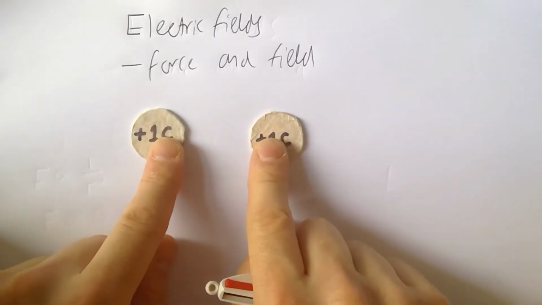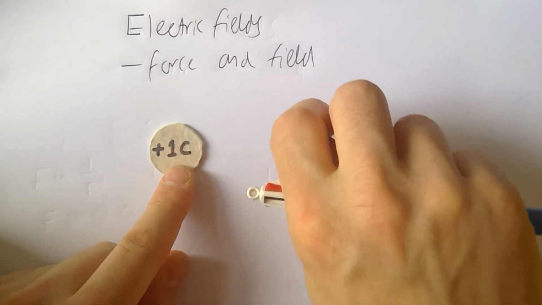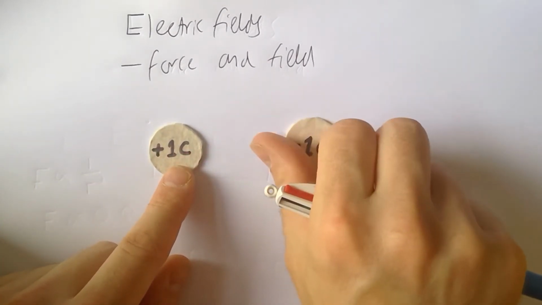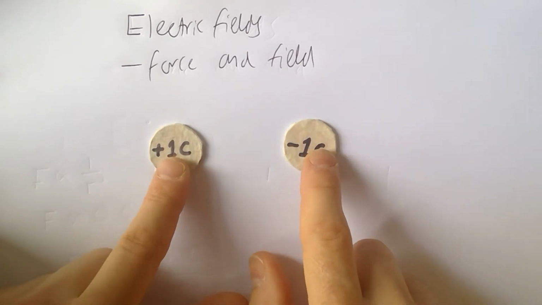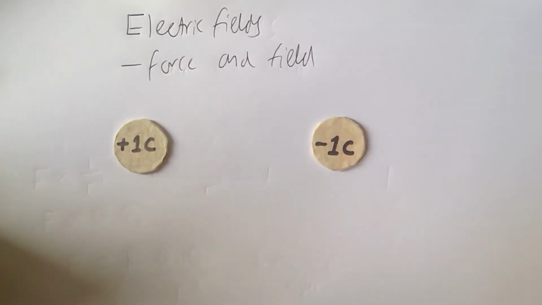Same charges would repel. If one of these was negative, again there'd be a force, but it would be attractive. They'd attract one another. When we're considering charged objects like this, individual particles, we model them as point charges.